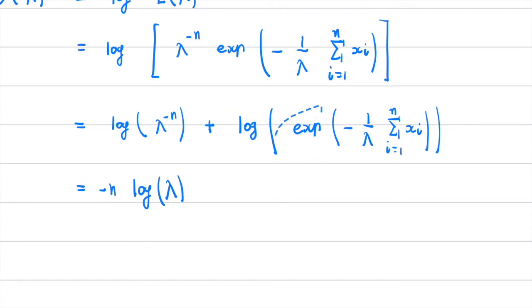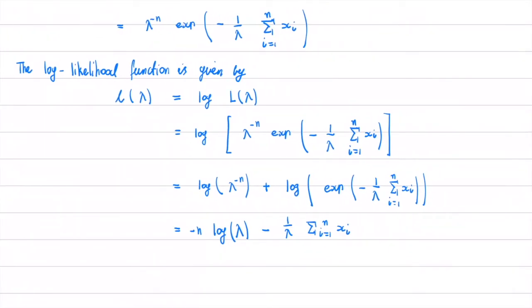Remember the log is the inverse of the exponential, so when we take log exponential, we just get left with whatever's inside the exponent power, which in this case is negative 1 on lambda, the sum of i equals 1 to n xi.